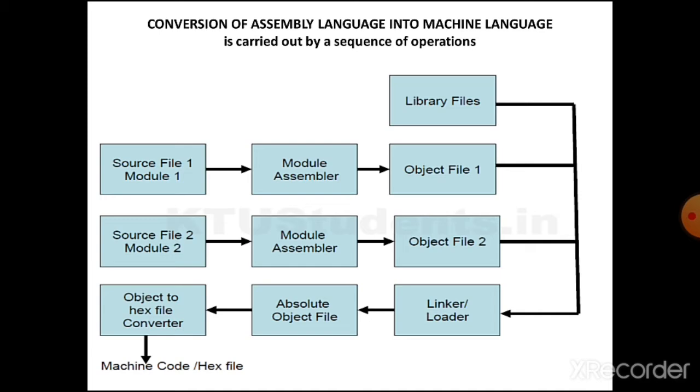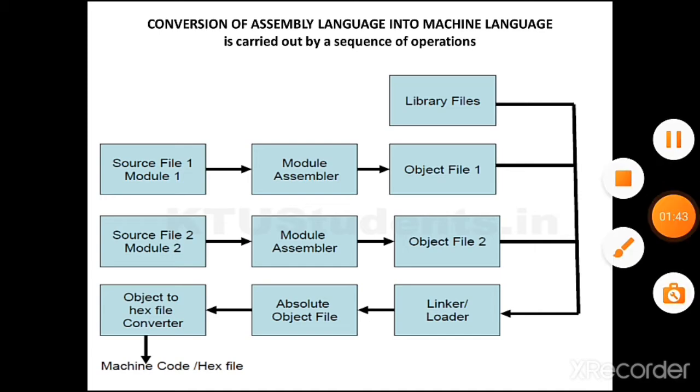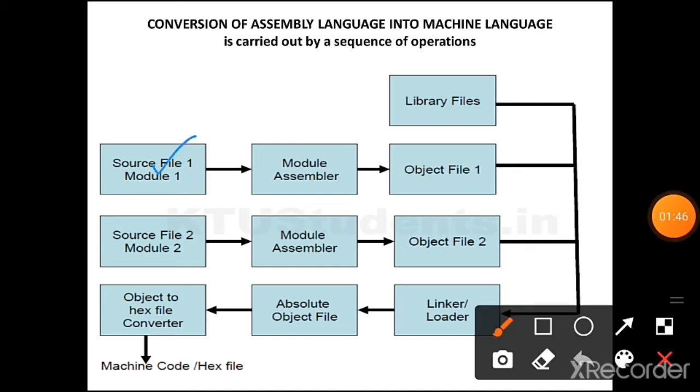Then next is the conversion of an assembly language program into machine language. So how do we convert an assembly language program into machine language? These are some source files. Source file 1 has module 1, and source file 2 has module 2.